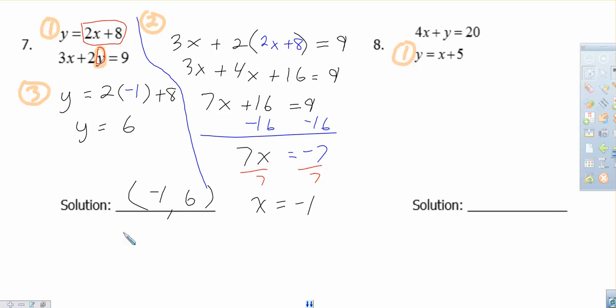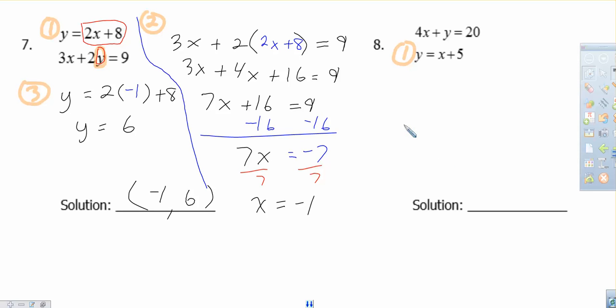Now again, I'm going to plug these in just in my head real quick. y, so that's 6 equals 2 times negative 1 plus 8. Yes. Okay, and then next we have 3 times negative 1, it's negative 3, plus 6 times 2 is 12. Negative 3 plus 12 is, in fact, 9. So therefore, our answer is, in fact, negative 1 comma 6.